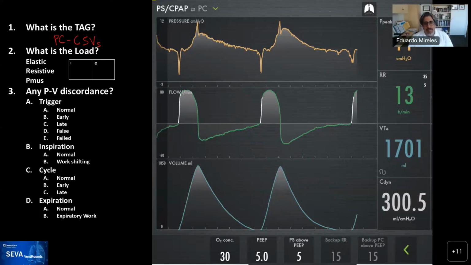But at the same time, you have to make a decision based on the whole patient, not just on the lungs. What I'm hearing from Mireles is that the amount of gas exchange abnormality seems to be low, very low PEEP, and the oxygen concentration is 30.